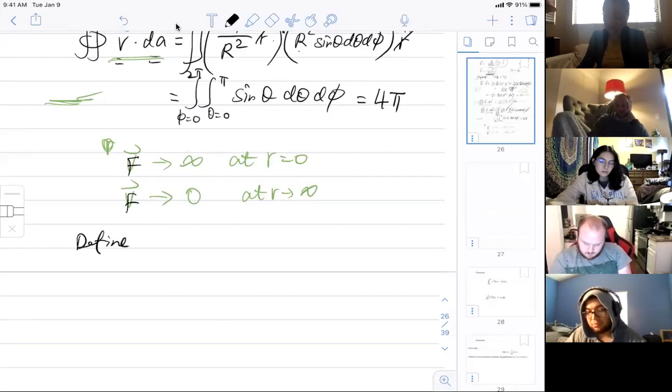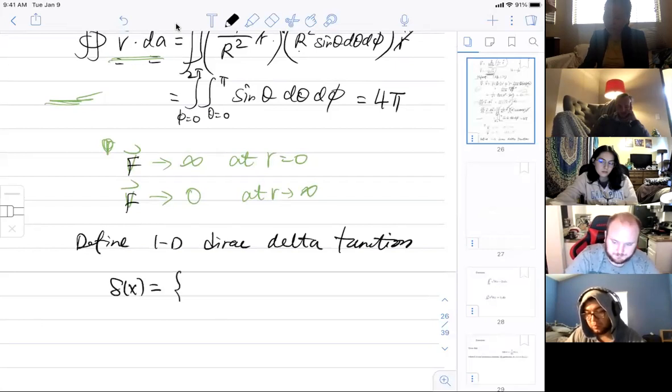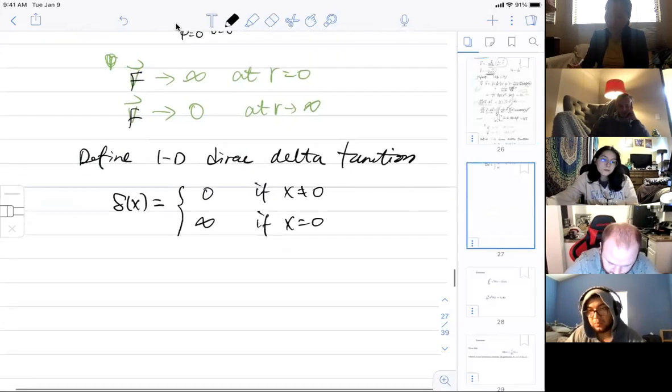Yes, the calculation is actually really cool. You're right. If we're looking at a one-dimensional Dirac delta function, I'm going to define delta(x) to be 0 if x is not 0, but delta(x) is infinity if we're looking at x equals 0.